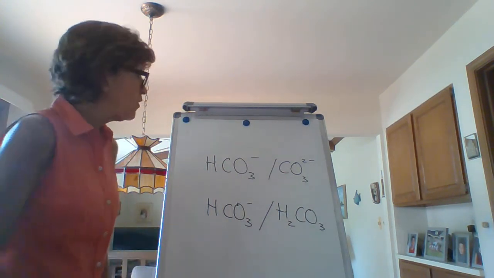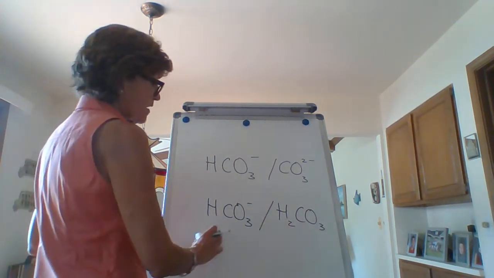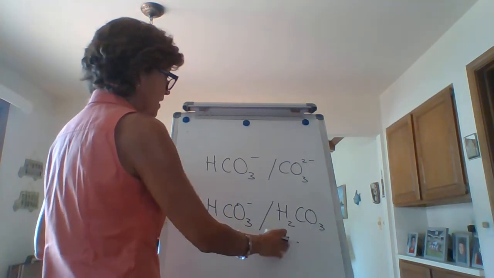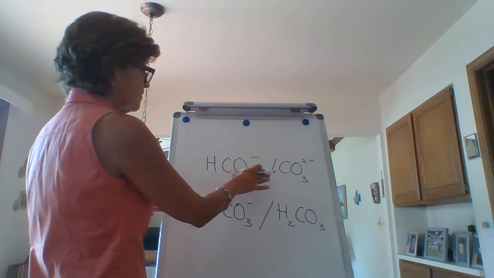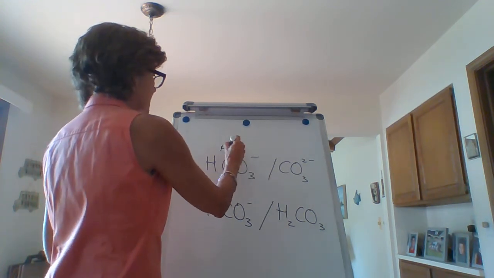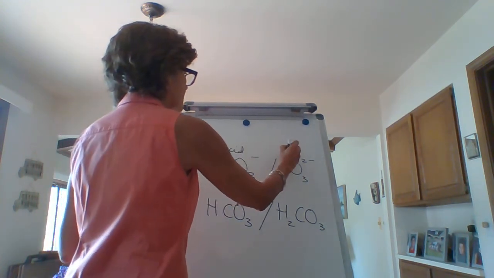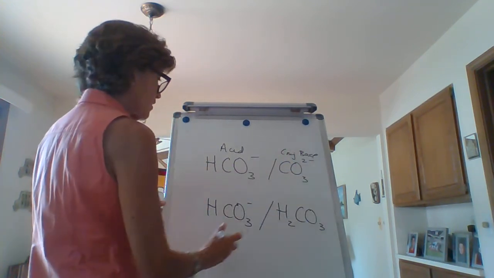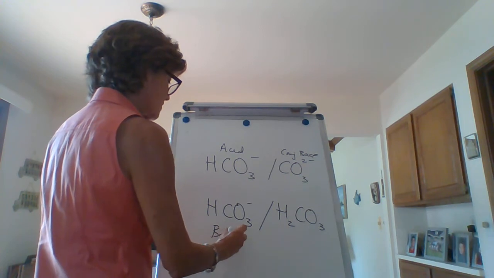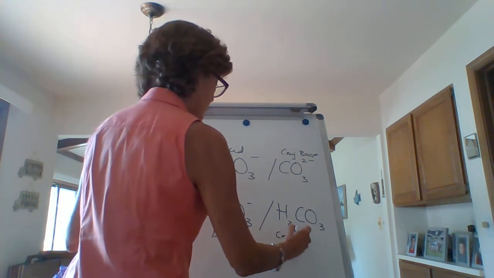Okay, so this is an acid-base conjugate pair. This is an acid-base conjugate pair. In this scenario, this is an acid, and this is the conjugate base. In this scenario, this is a base, and this is the conjugate acid.